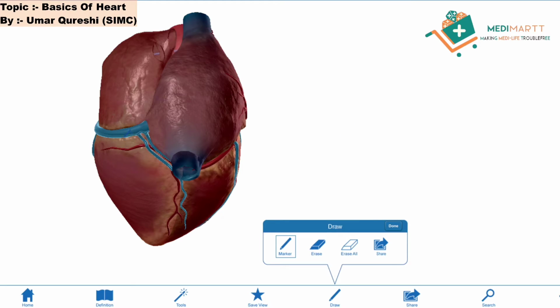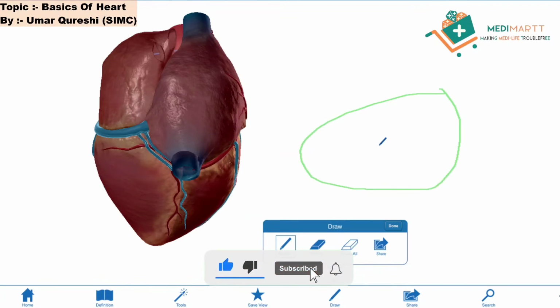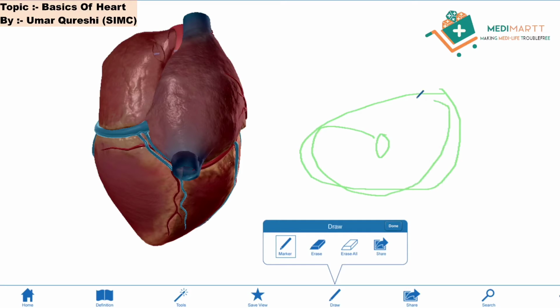Relations are basically the three layers of the pericardium, which we already know, then the central tendon and the musculature of the left part of the diaphragm. Let's just understand a little bit about the diaphragm. There is a central tendon present in the center of the diaphragm. Basically the diaphragm is made of muscles, which is why it is sometimes just called a muscle.